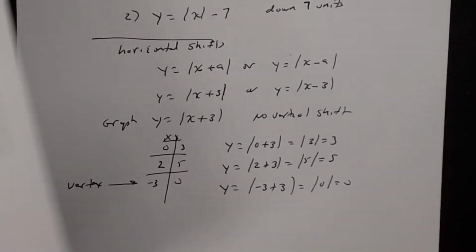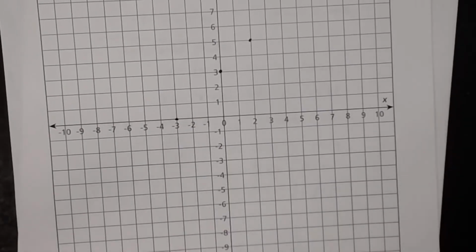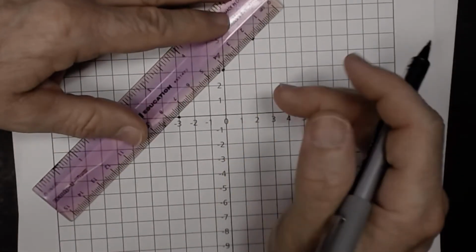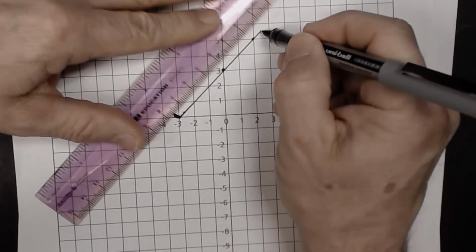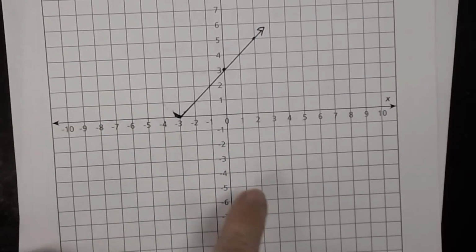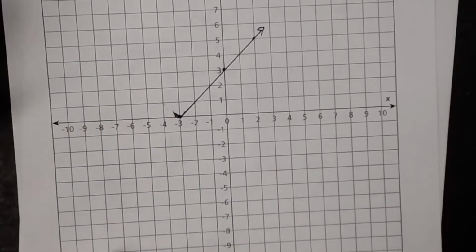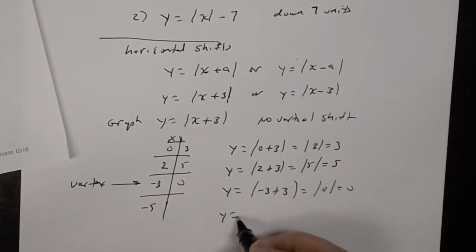So I know now that this is my vertex, right? Y'all agree? Okay, so that means I know what one of my rays looks like. One of my rays looks like this. Okay, now let's do the other one. So I know that now it's going to go up like this. So let's do negative 5. If x is negative 5, I get y equals the absolute value of negative 5 plus 3.